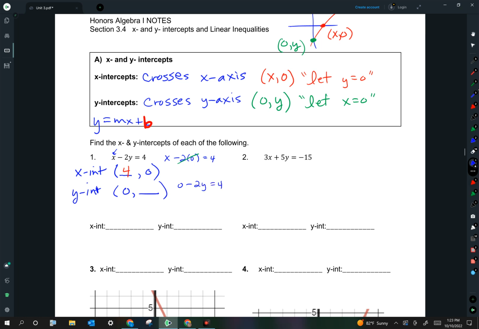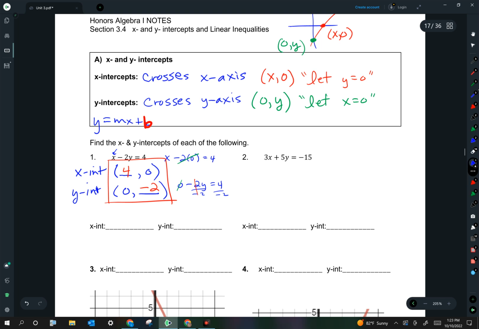Forget the 0, it's like it's not even there. If you divide by -2, the -2's cancel, and what does y equal? Don't you end up with 4 over -2, which becomes -2? And so this is what we were looking for.